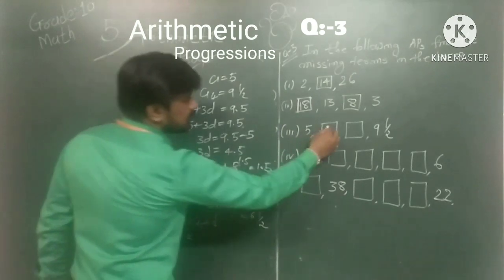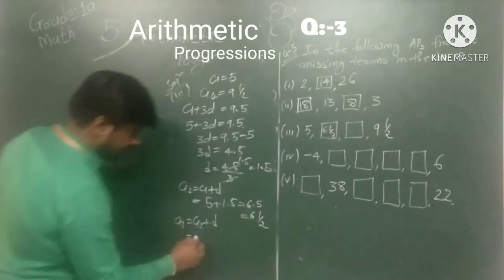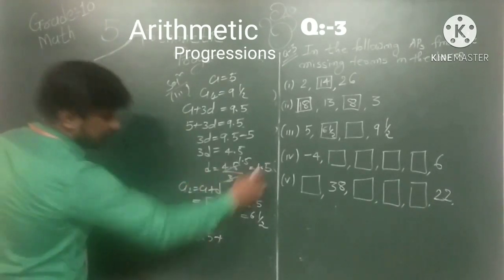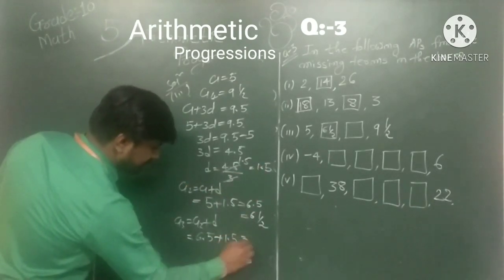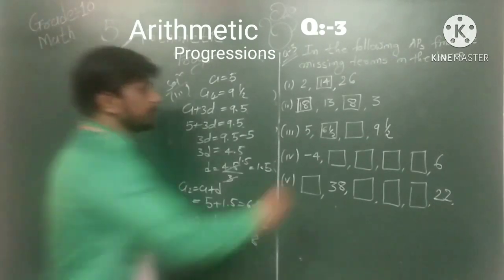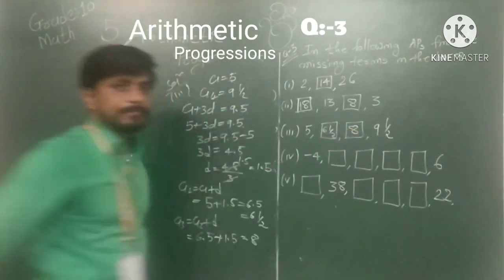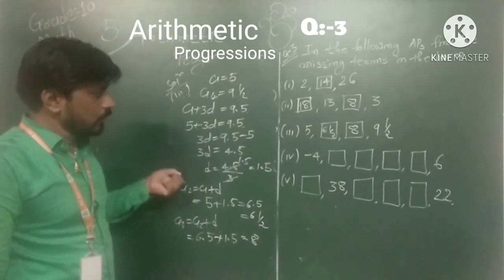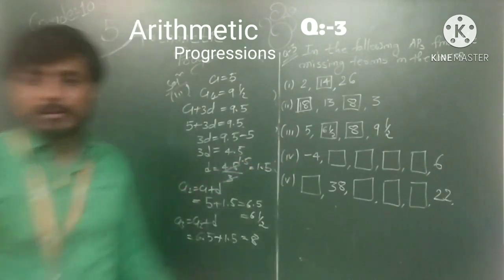A2 is 6.5 here, and plus D. D is 1.5. That means 8. Okay, the value of A3 is equal to 8. Got it, everyone?